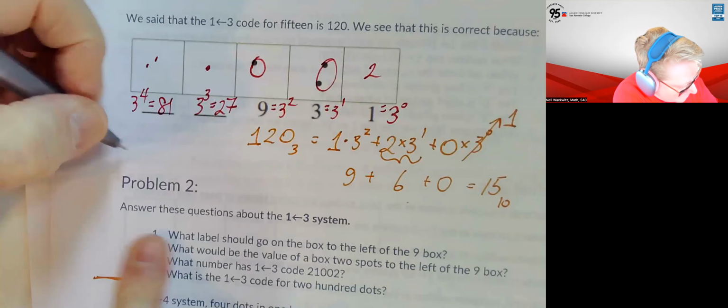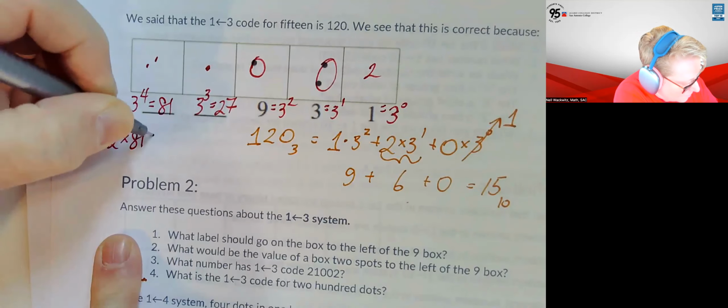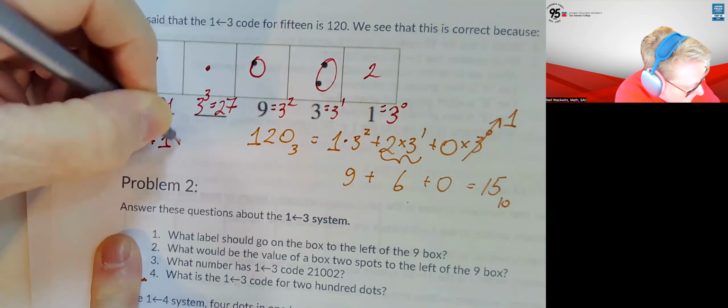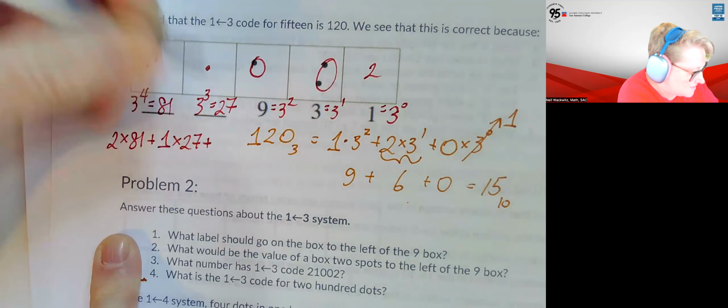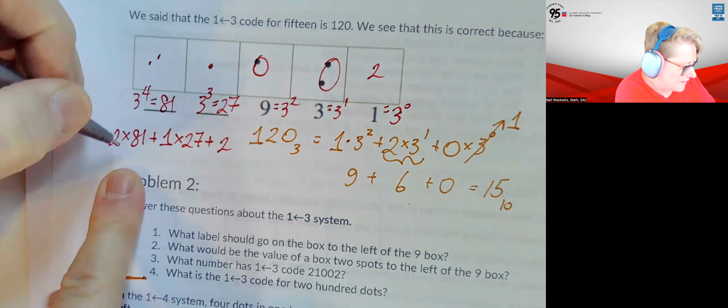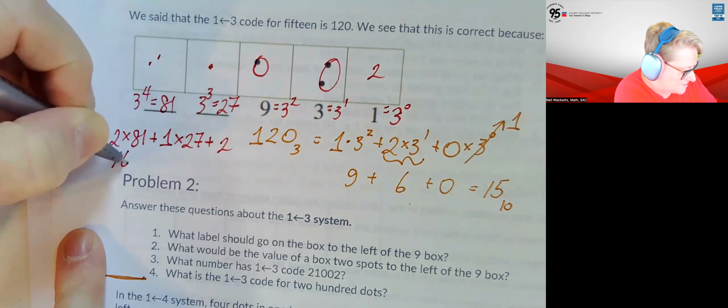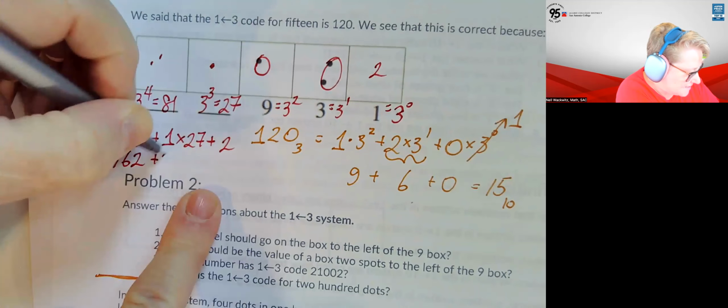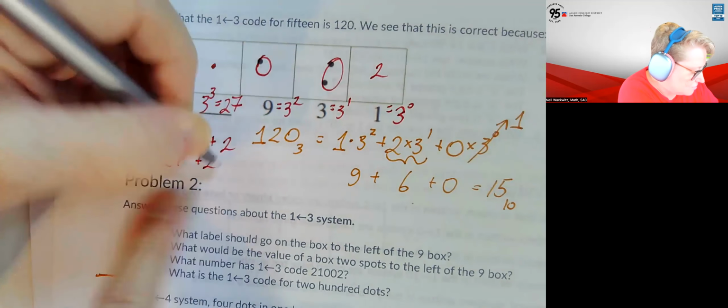So let's see, 2 times 81 plus 1 times 27 plus, let's leave off the zeros and we just have plus 2. 81 times 2 is 162, plus 27, plus 2.